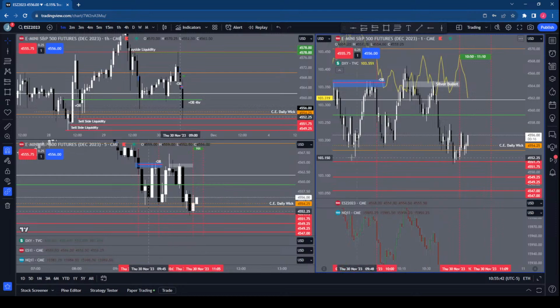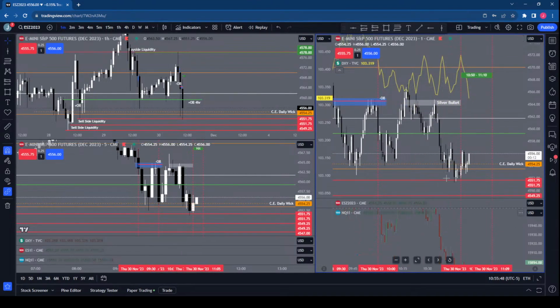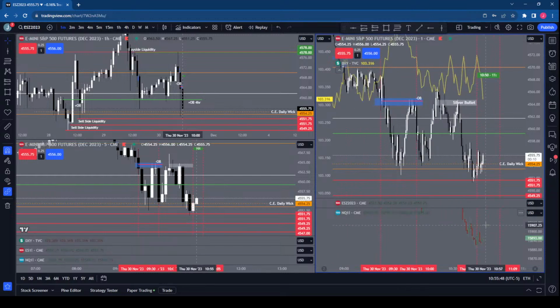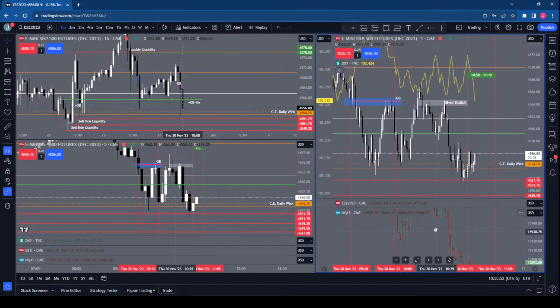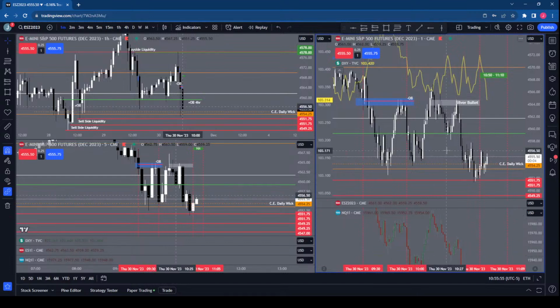I feel like it wants to go up because it just took this sell side, the dollar going down. Nasdaq's pretty far below this kind of consolidation.